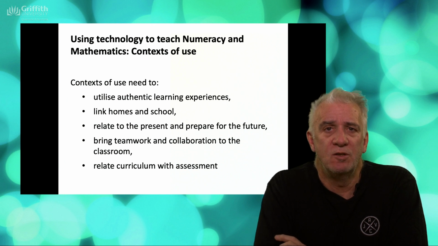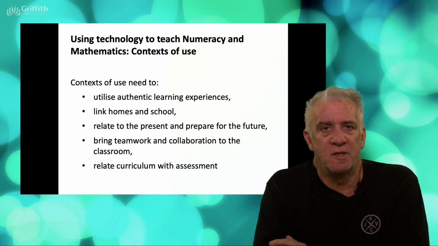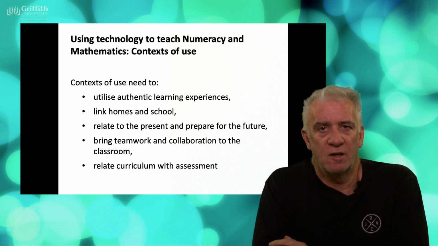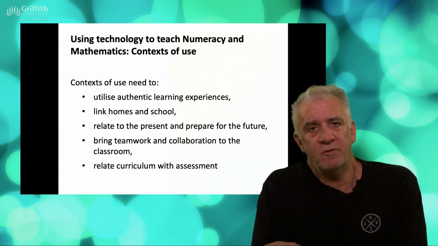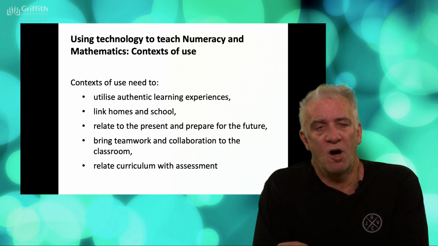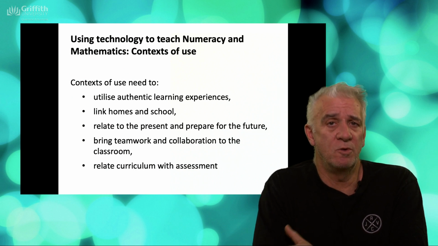Now, when we're using technology, the context of use will need to be considered. One of the things it does, it helps us utilise authentic learning experiences. So we don't have to, as we mentioned just before, make sure that the numbers are nice and tidy when we're doing calculations, for example. We can use real context with real data.